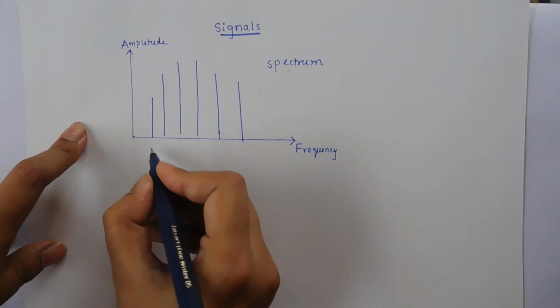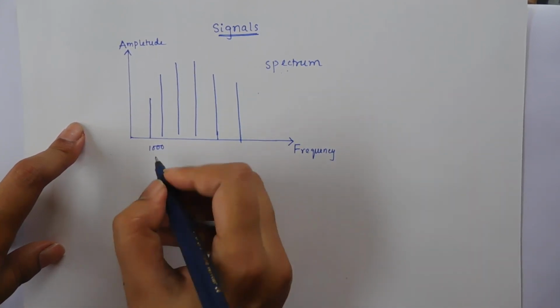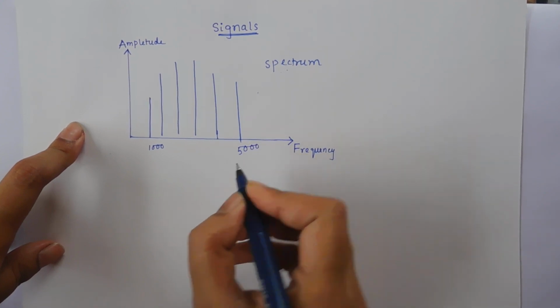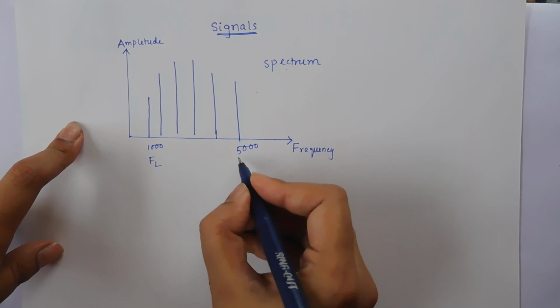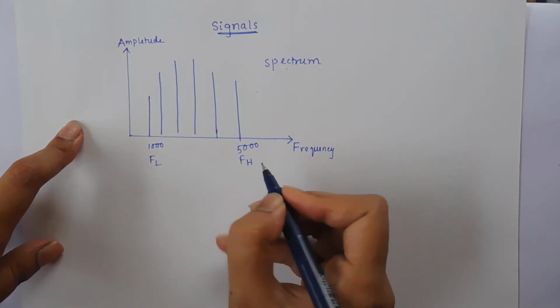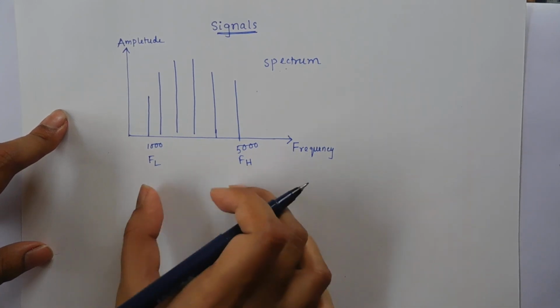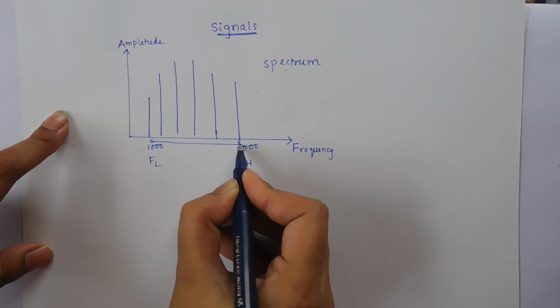Okay, so suppose it is a frequency of 1,000 and this is 5,000. That means this is the lowest frequency and this is the highest frequency. Now, the bandwidth refers to the gap or interval between the highest and lowest frequency.